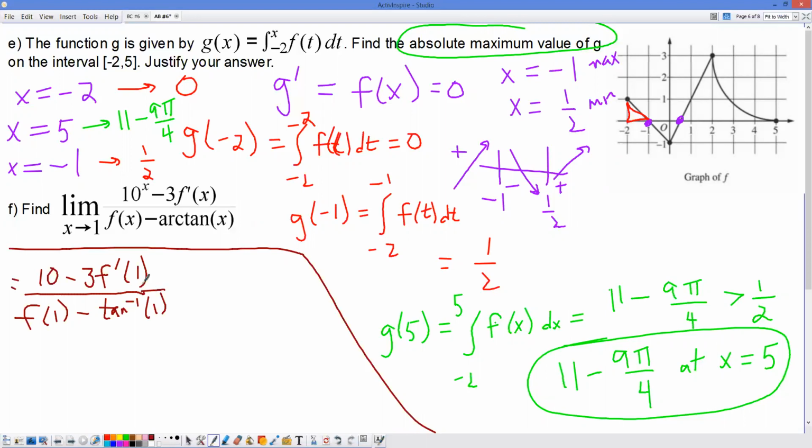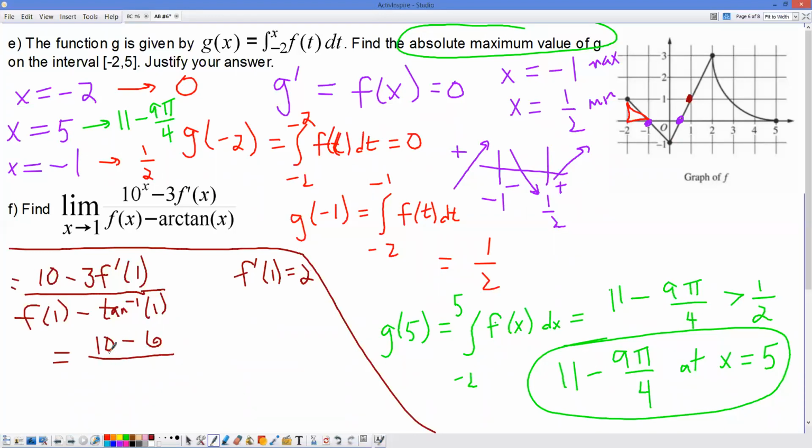So f prime of 1 means what's the slope of f at 1. The slope here, well, it's just a regular line. The slope of this line has a rise of 2 and a run of 1. So f prime of 1 is 2. We got a slope of 2. So we've got 10 minus 6 in our numerator.